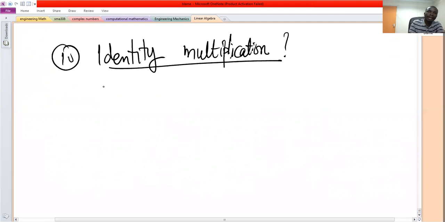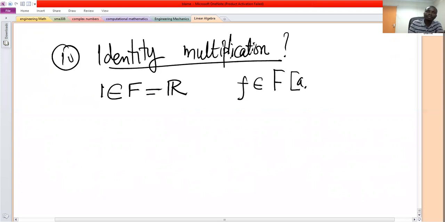So we have an element 1 in the field F, just the same as the real number. And then let's have a function f from this set, capital F.